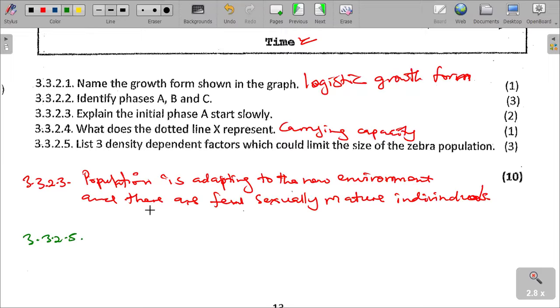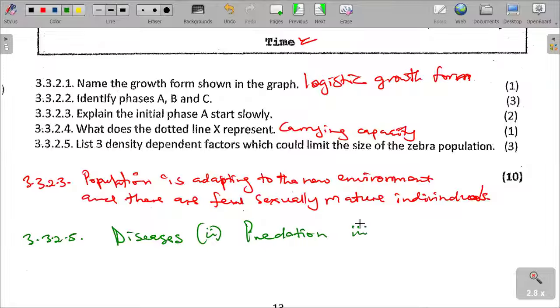Question 3.3.2.5. It can be, 1, diseases; they can die as a result of diseases. 2, predation; the zebra population can be reduced because lions and cheetahs can eat them.